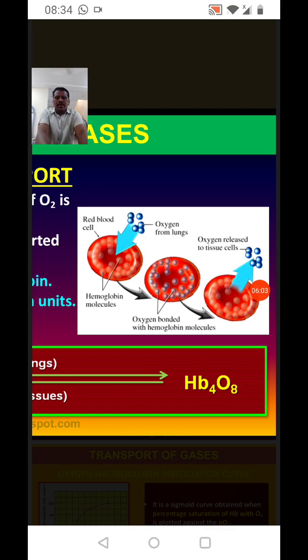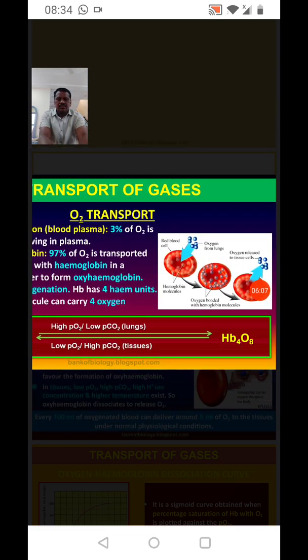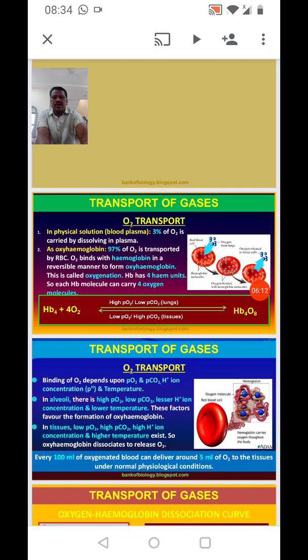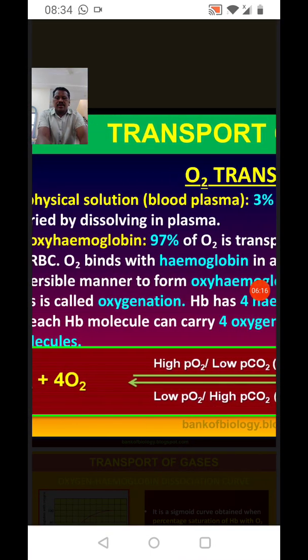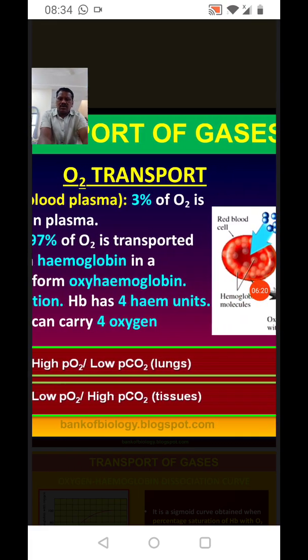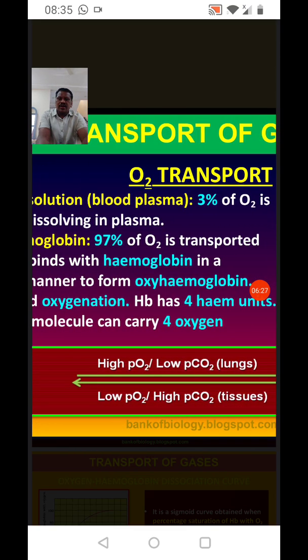And simply remember, this reaction is a reversible reaction. That means hemoglobin binds with the oxygen and forms the oxyhemoglobin, and this oxyhemoglobin can dissociate into oxygen and hemoglobin.